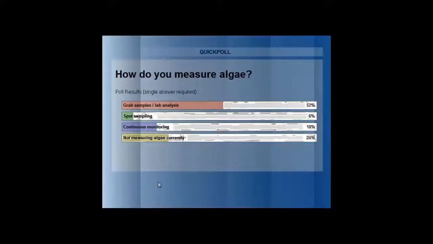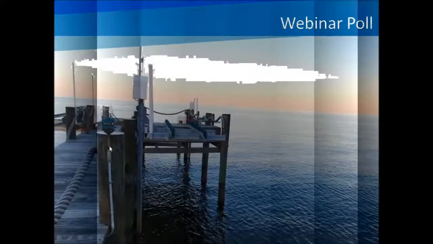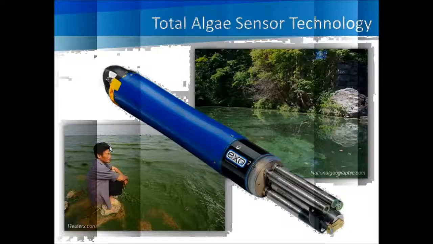We'll have good information coming up about how you might do that with field data collection. So in the next few slides, Brandon's going to go over a new field sensor that uses fluorescent measurements from both chlorophyll A and accessory pigments in the blue-green algae. Take it away, Brandon.